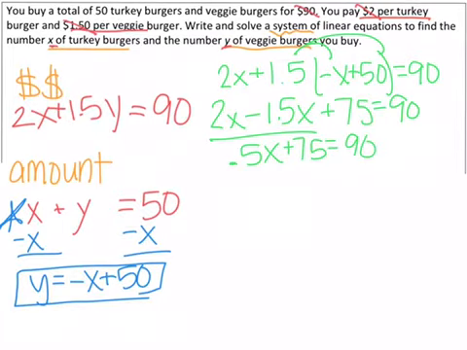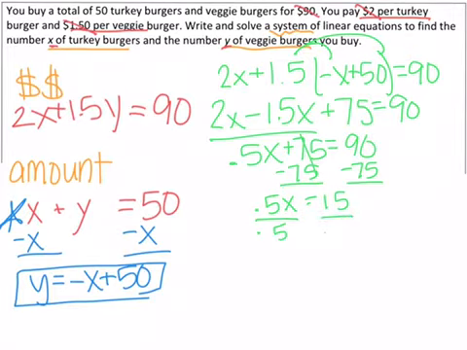I subtract 75 to the other side to get my variable alone. I now have 0.5x equals 15. The last thing I have to do is divide by 0.5. So 15 divided by 0.5 gives me x equals 30.